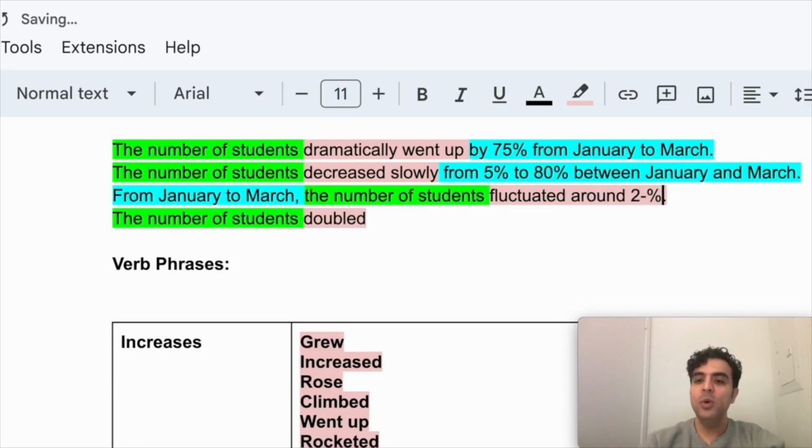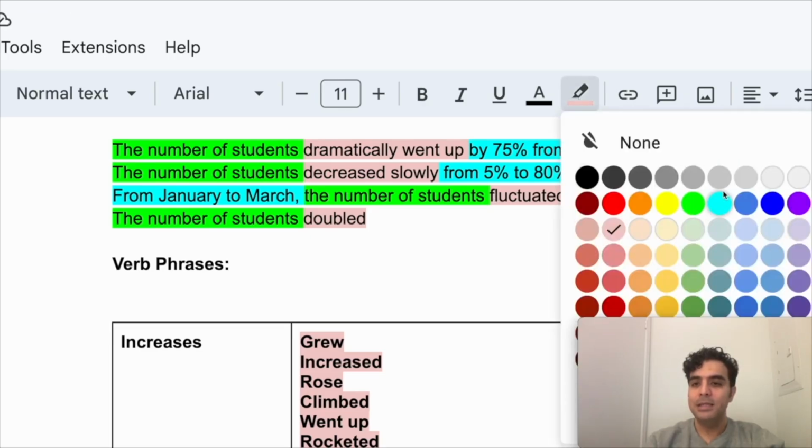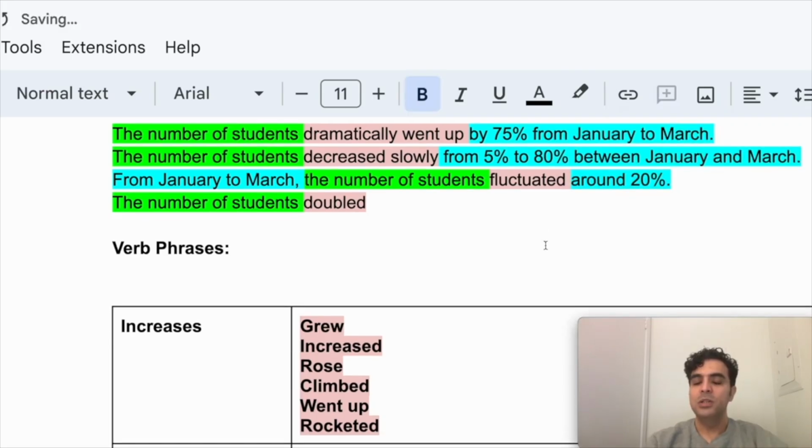So it fluctuated around 20%, for example. And so I'm going to highlight this in the same color that we've used to describe adverbs. So bear in mind that the preposition we use to describe the quantity is around for the verb fluctuate.